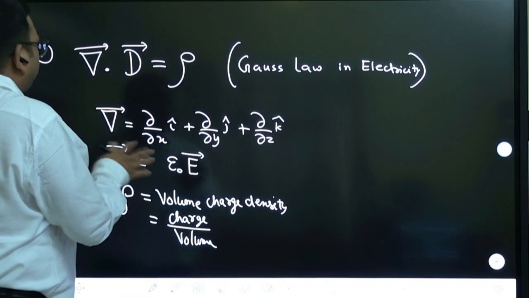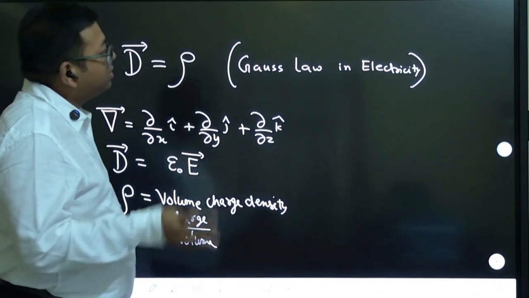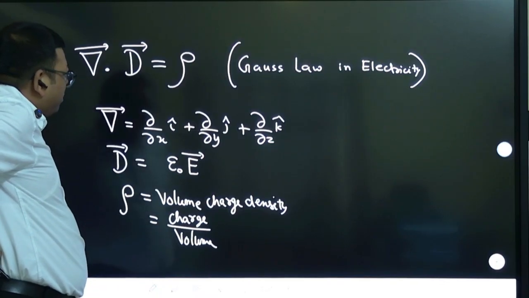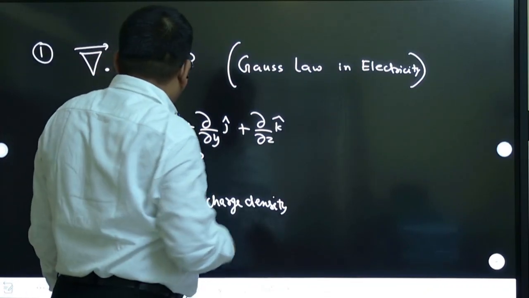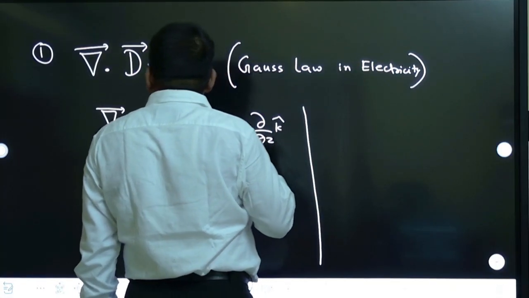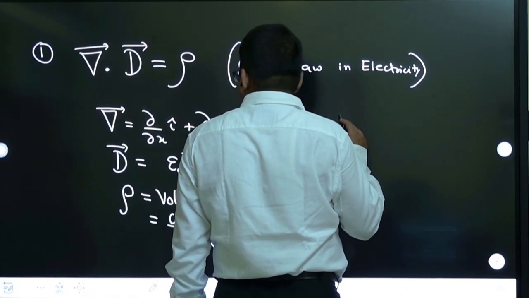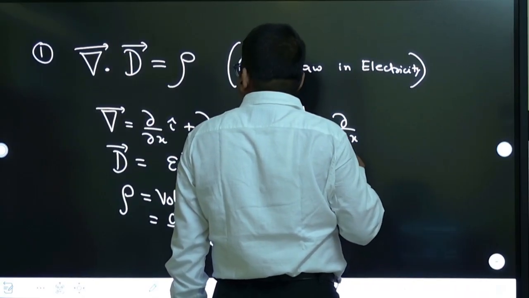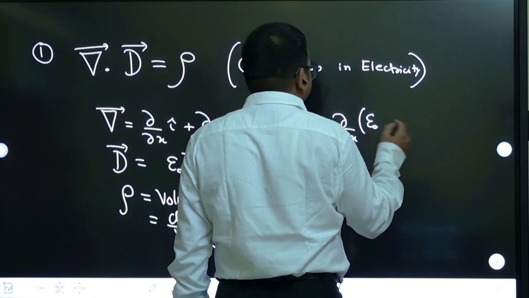Okay, I will explain how this is satisfying, how this is the Gauss law in three dimensions. Suppose I take only one dimension, that means I take only one component of D. So dot product means dou by dou x of epsilon naught times electric field along x-axis.